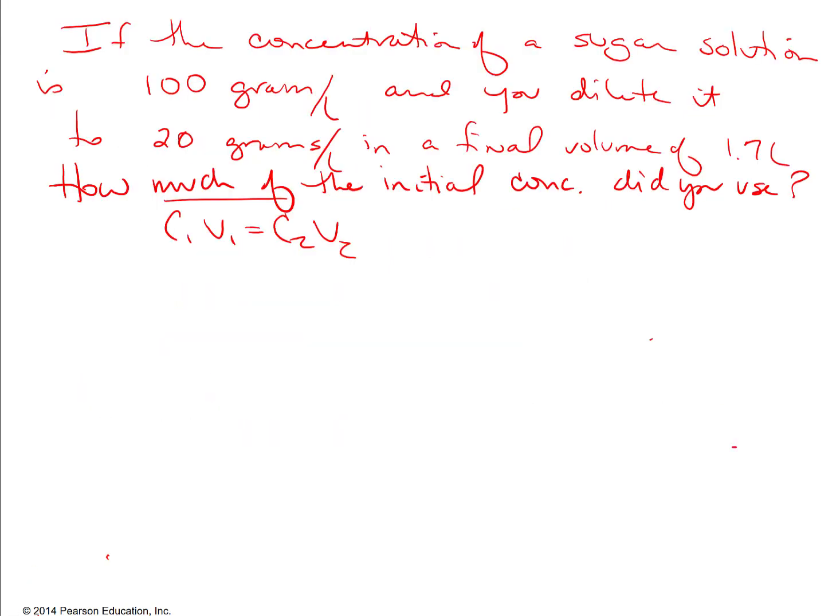If the concentration of a sugar solution is 100 grams per liter, and you dilute it to 20 grams per liter, in a final volume of 1.7 liters, how much of the initial concentration did you use? So C1V1 equals C2V2. What is C1?